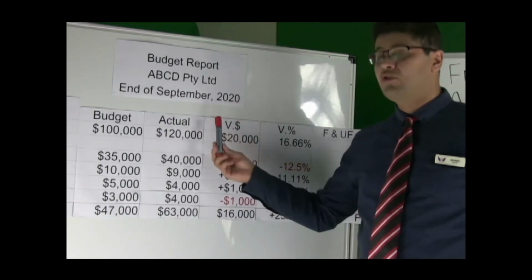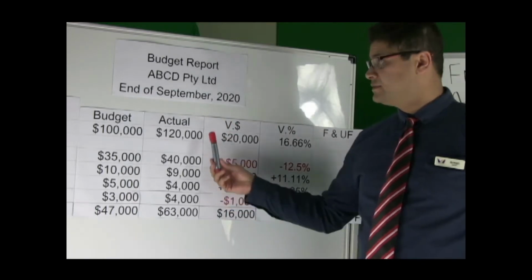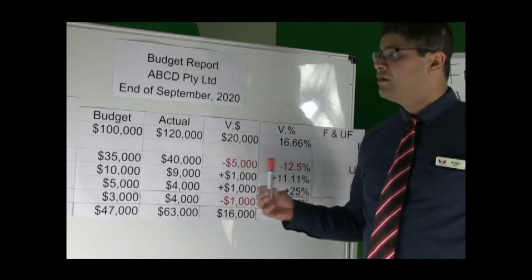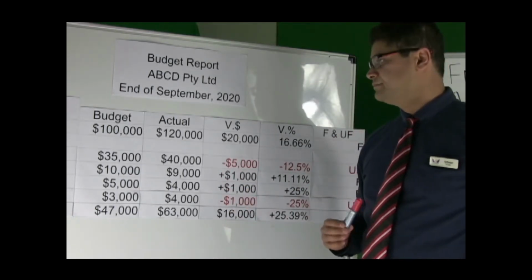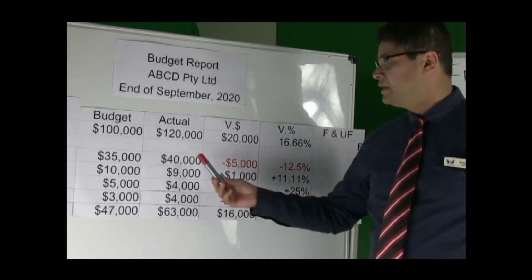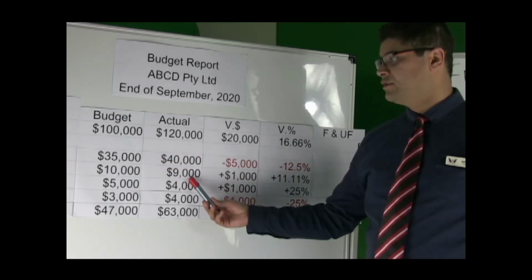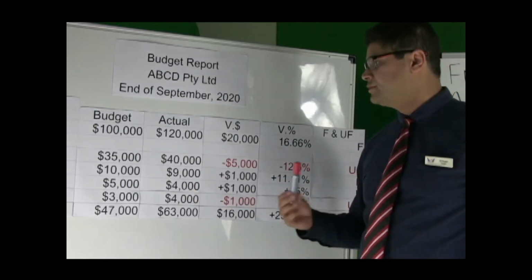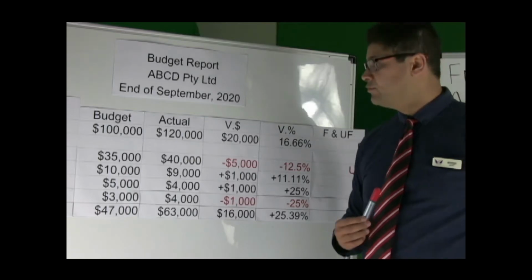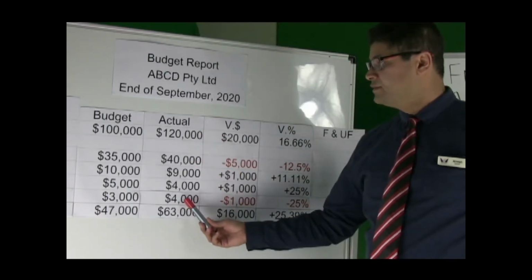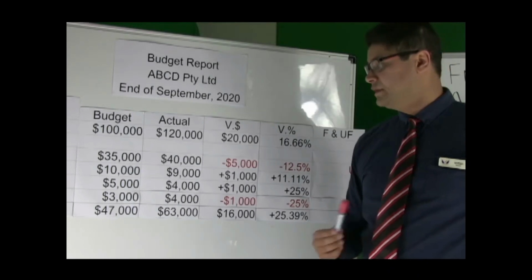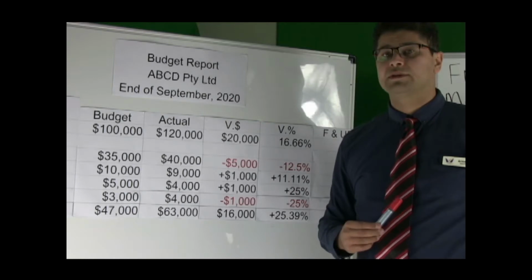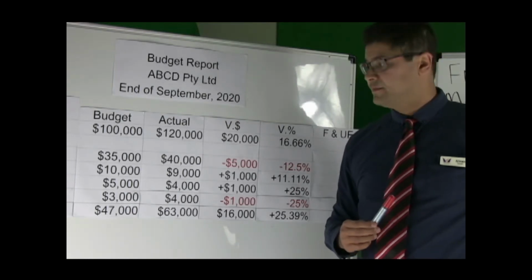You receive all your documentation and receipts, you post them through data entry, and now how much is your actual sale? It says $120,000, your wage is $40,000, materials $9,000, vehicle $4,000, other expenses $4,000, and the difference between total expense and sale is $63,000. Obviously, it's positive, which means you made a profit.